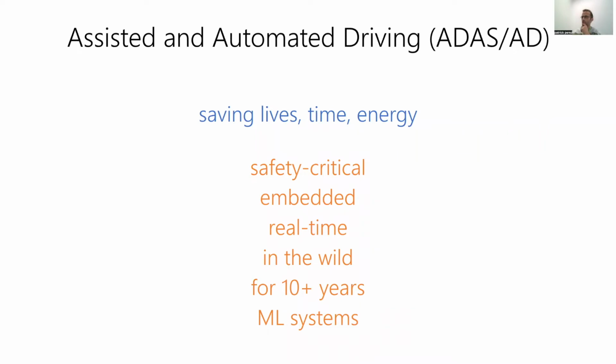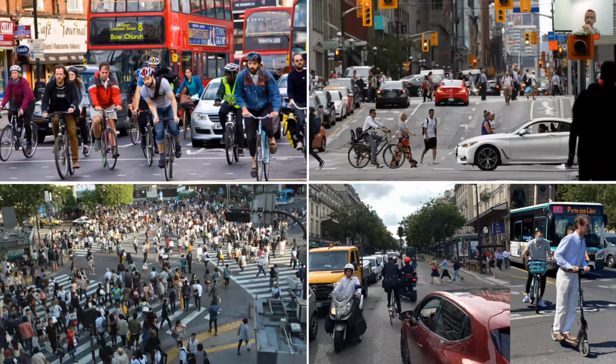And we are going to discuss some of the aspects. So when I say open world and in the wild, this is what it might mean. Cluttered scenes in busy city centers across the world, like here it's London, Toronto, I believe, Tokyo and Paris, on my way to my office on a normal day.